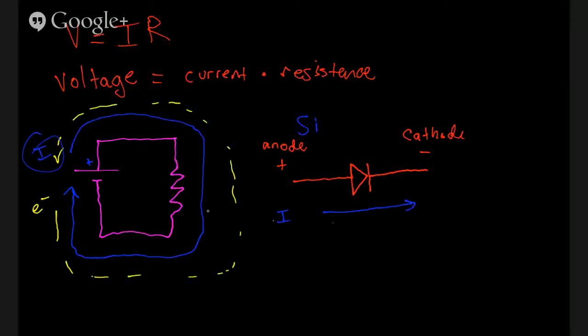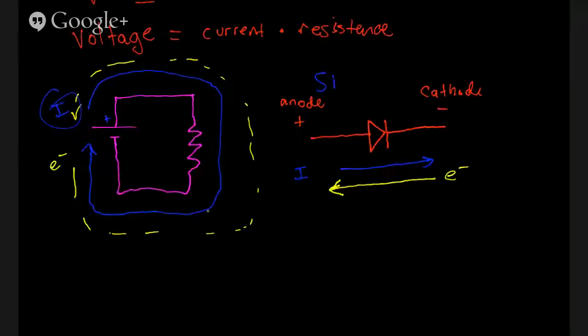In this case, if you think of conventional current, it's from anode to cathode, and our electrons are really going the other way. So electrons only go from cathode to anode. So it's like a one-way valve for electricity.